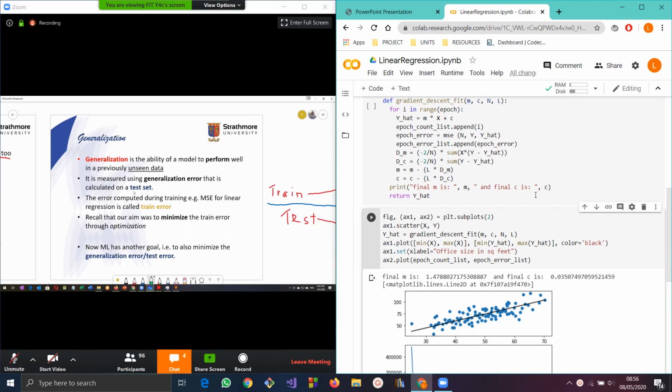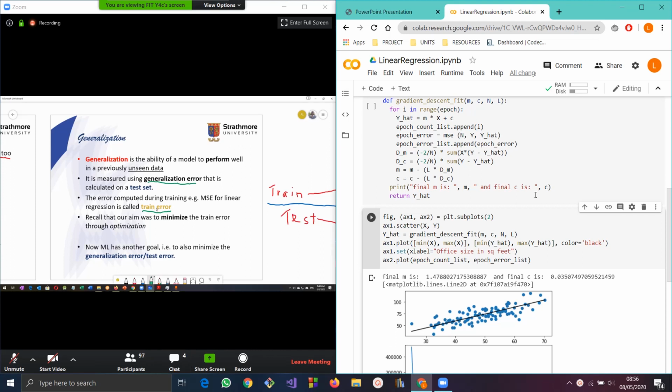But before that, there is an error that we know during training, like what I was demonstrating up there. Those errors that we calculate in every iteration during training are the train error. So there are two types of errors: the generalization error and the train error.